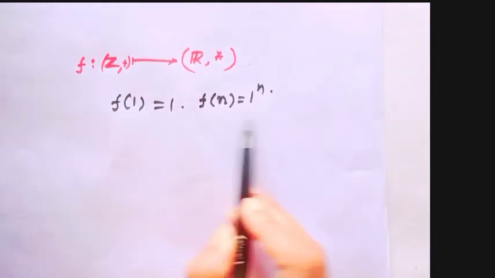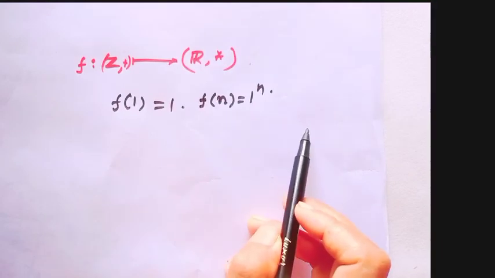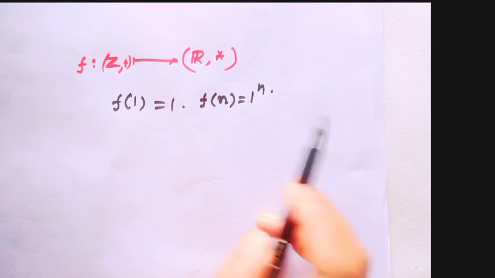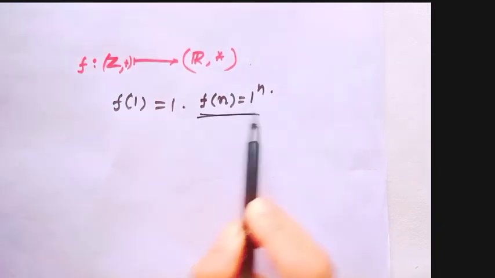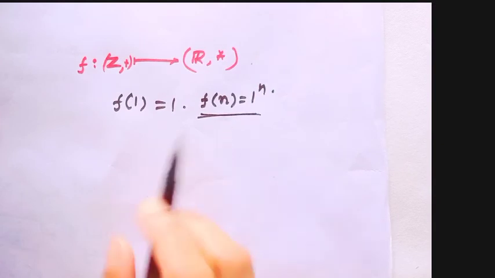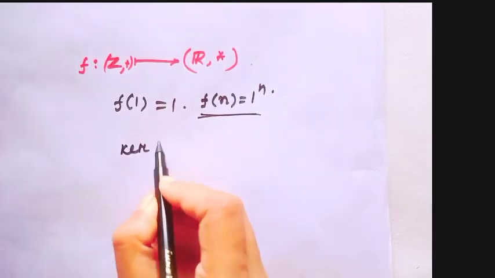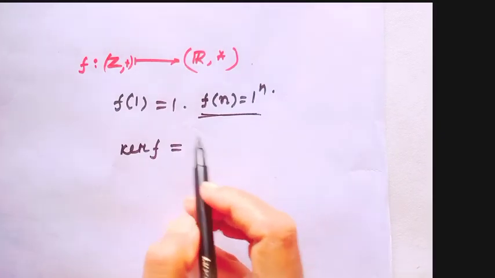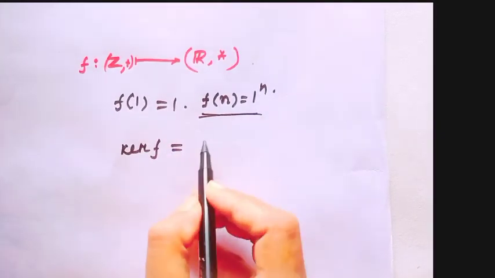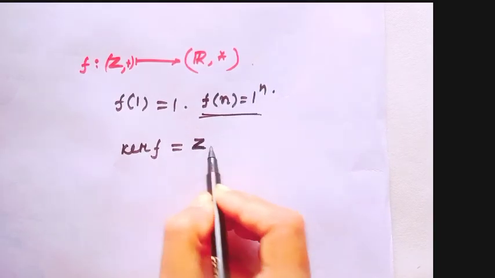And this is my considered mapping. Here I am doing just multiplication. If I consider this map, then what would be the kernel of f? The kernel of f is equal to the set of all integers, since f of n equals 1 to the power n.